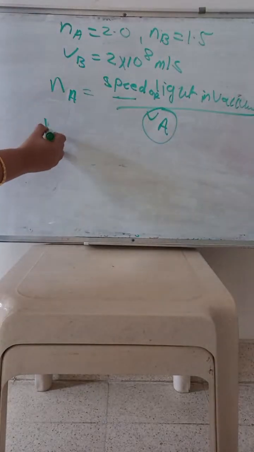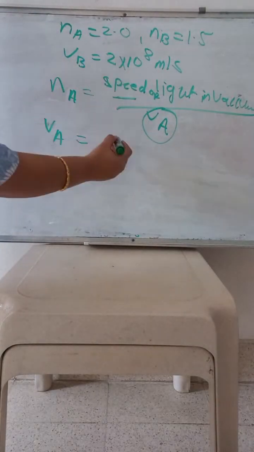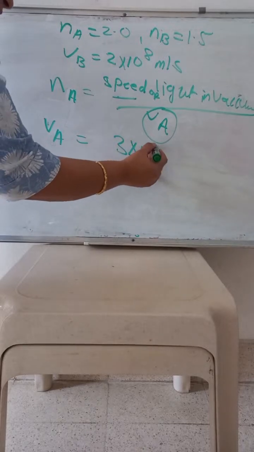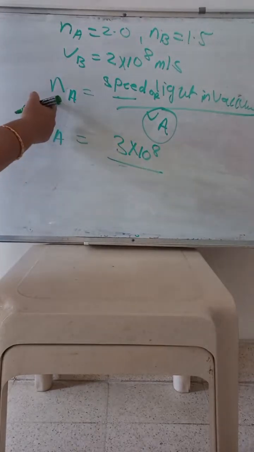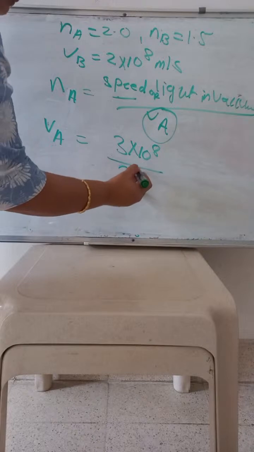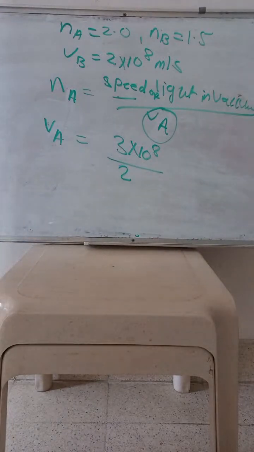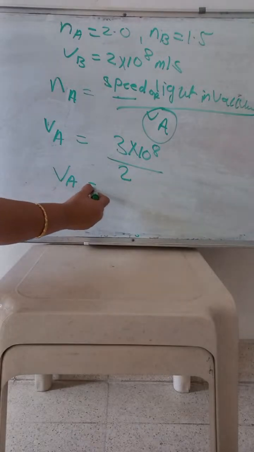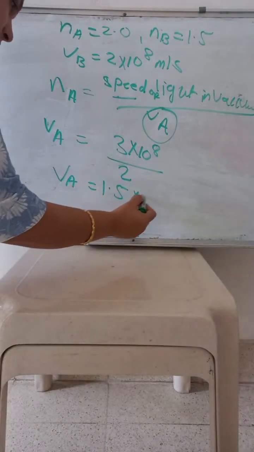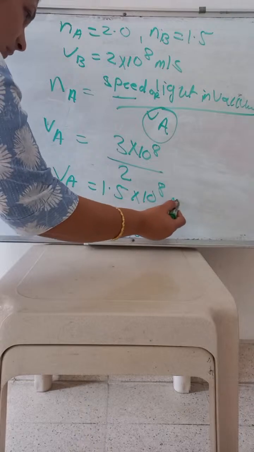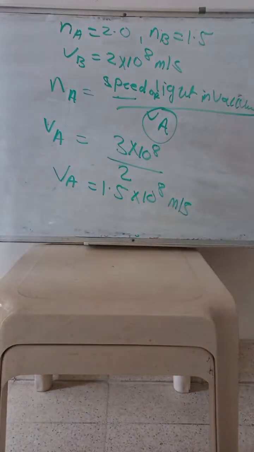The speed of light we just got, 3 into 10 raised to 8, divided by NA, which is 2.0, that is 2. That is nothing but 1.5. So VA we will get as 1.5 into 10 raised to 8 meter per second. This is the answer for the second bit.